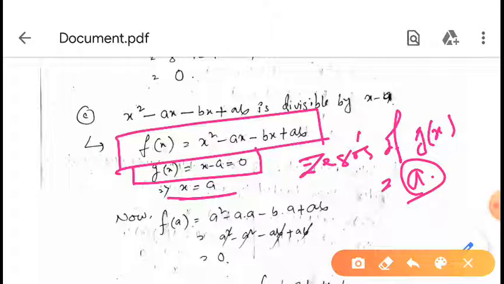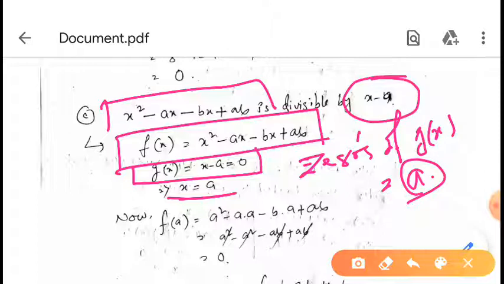That is, if f(a) equal to 0, then this function must be divisible by x minus a. So f(a), simply putting x equal to a, is a square minus a into a minus b into a plus ab. So this is a square minus a square, and ab equal to ba, so we can write minus ab plus ab. So this will all cancel out and we will get 0.